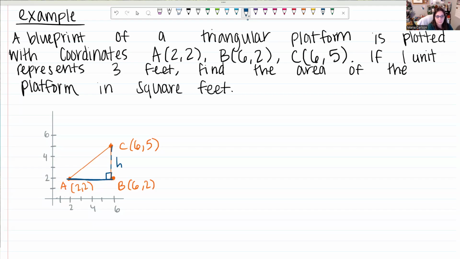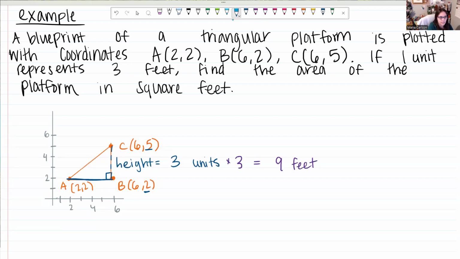So the height between 2 and 5, that is a height of 3 units, going from 2 up to 5. And if 1 unit is 3 feet, I need to take this 3 units and multiply it times 3. So this is really 9 feet.